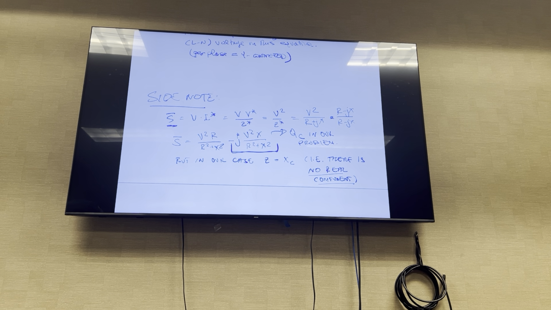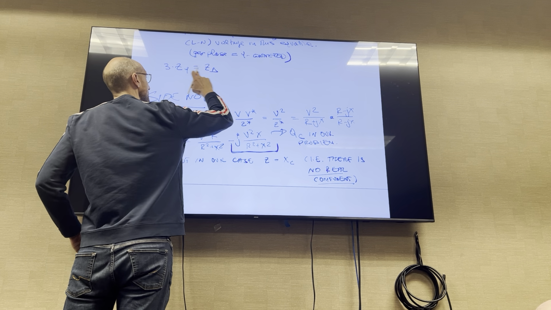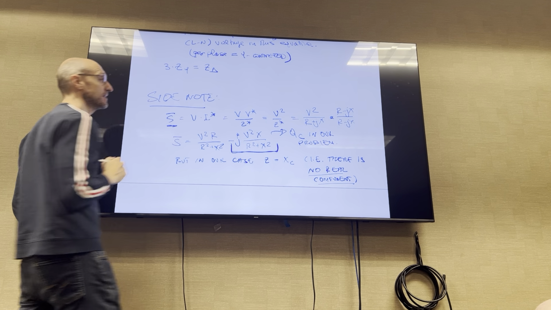an algorithm. So we had that 3 ZY is 1 Z delta. Z delta should be larger. The delta impedance is always larger. So 3 times ZY is Z delta.